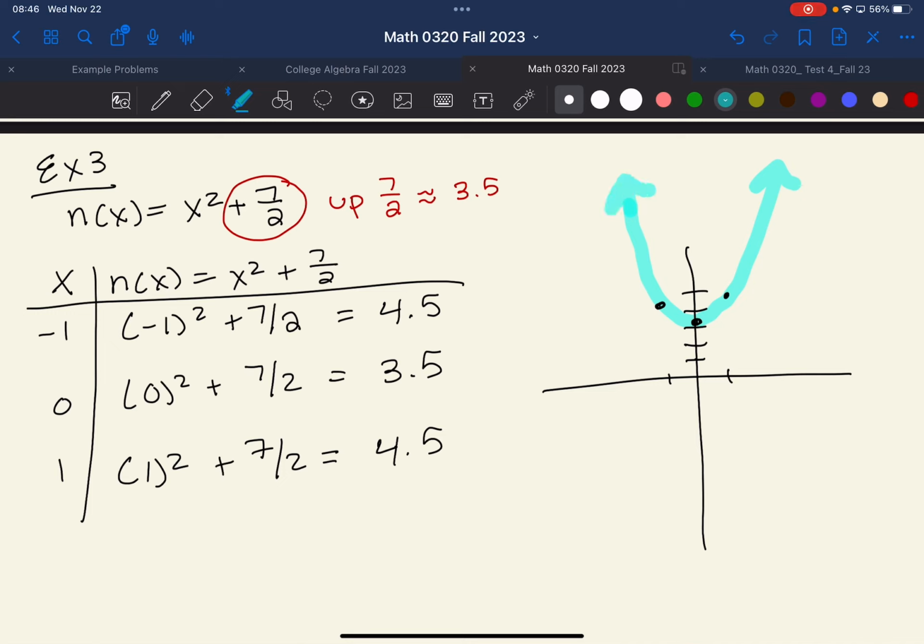So notice from our original parent function, because remember our parent function always starts at that origin, 0, 0, our entire graph moved up 3.5 units. Any questions on concept 1? So in concept 1, we just learned that if we have that plus k at the end, it's moving up or down.